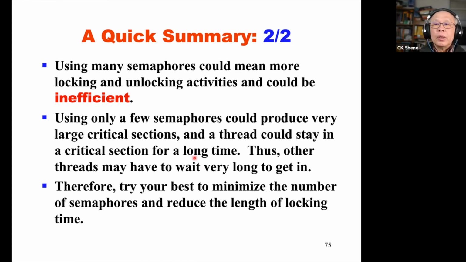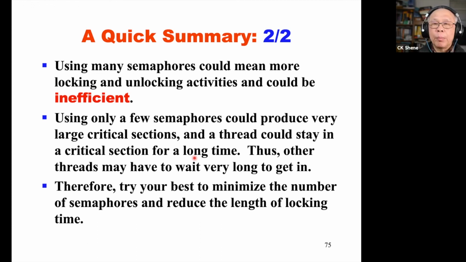That is, you lock something, and you are going to do a very large critical section before you unlock. So when you lock a critical section, you're going to do a lot of work before you unlock.